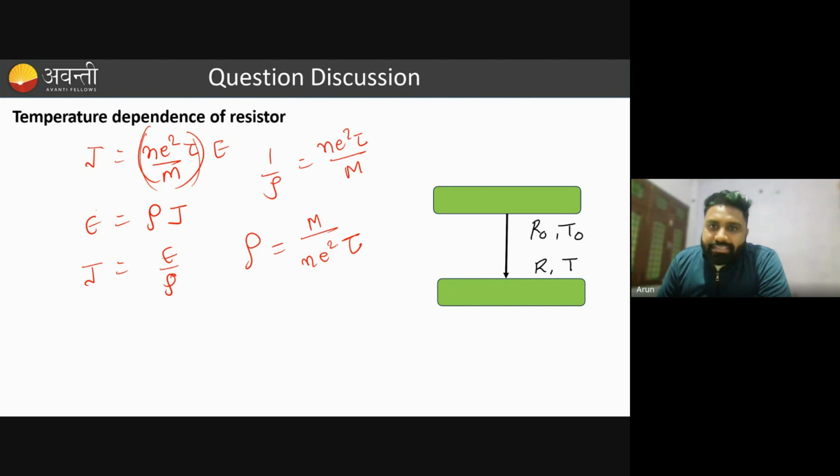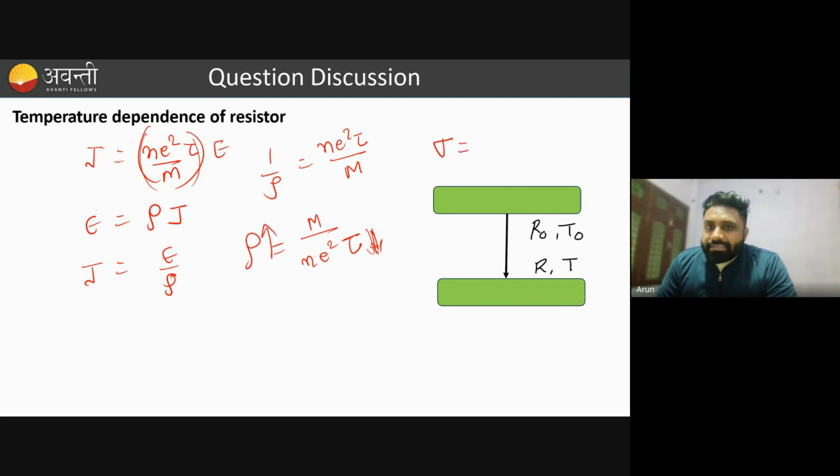Now, if you increase the temperature, the relaxation time will decrease because the electrons will vibrate more vigorously with more kinetic energy. Increase in temperature increases the kinetic energy, so the time between collisions will decrease. So if tau decreases, the resistivity will increase.